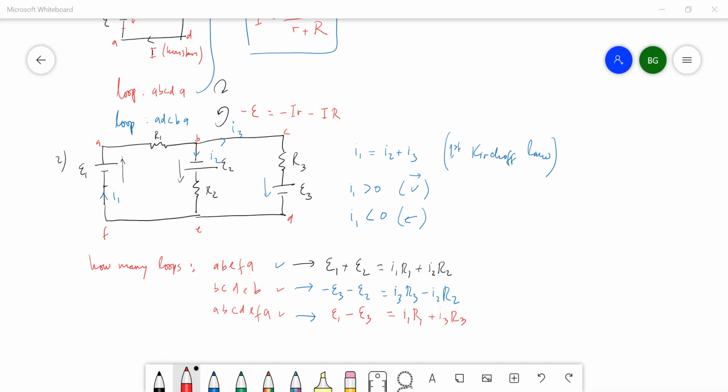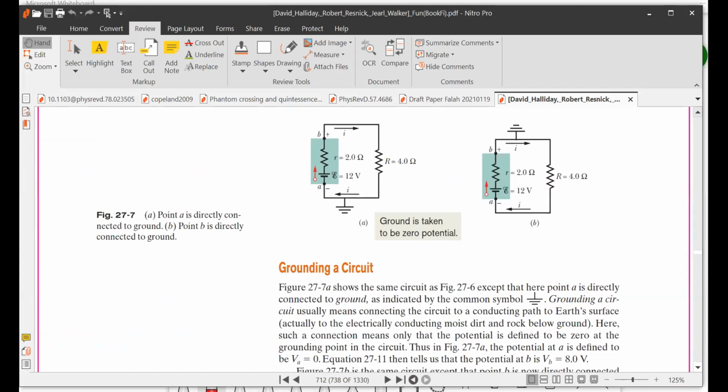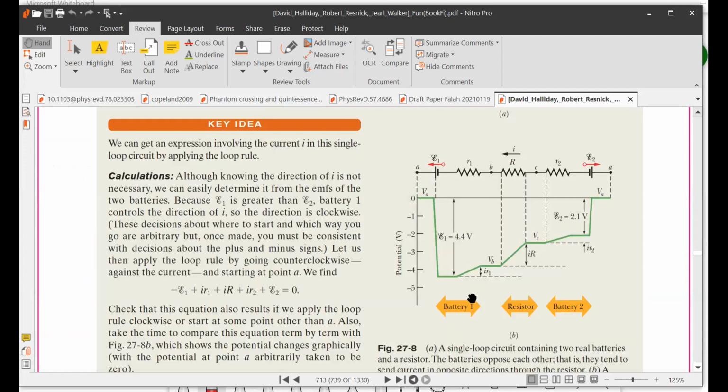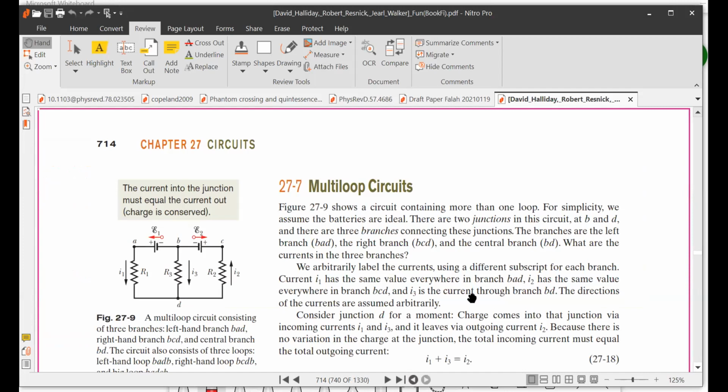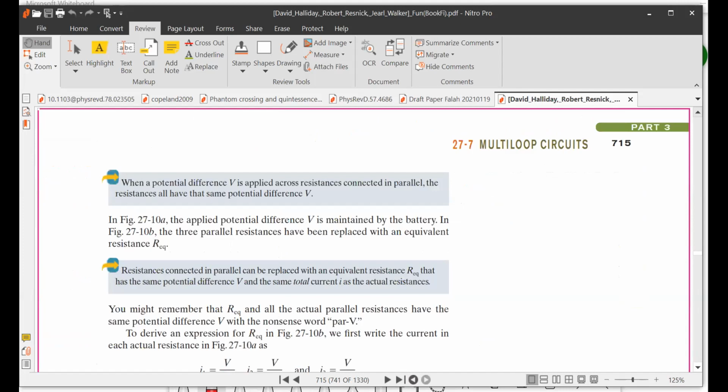Let me stop here first. 714, Halliday Resnick. Yes, 714, I think. This one.